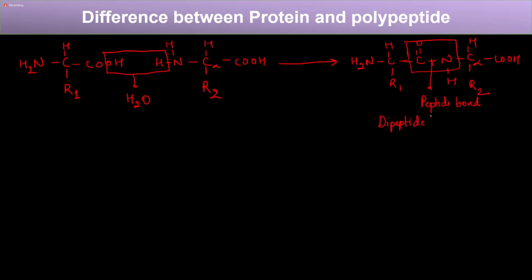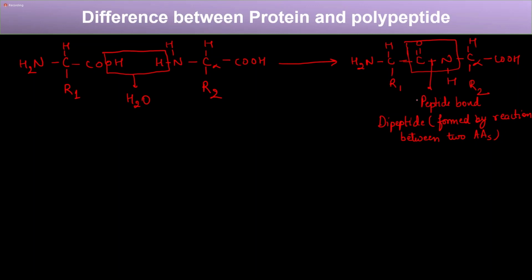Why? Because it is formed by reaction between two amino acids. Hence it is called dipeptide. Similarly, we have tripeptide that is formed by three amino acids.